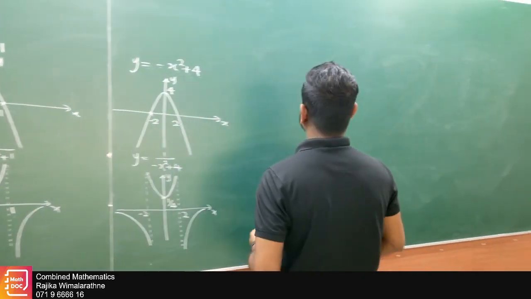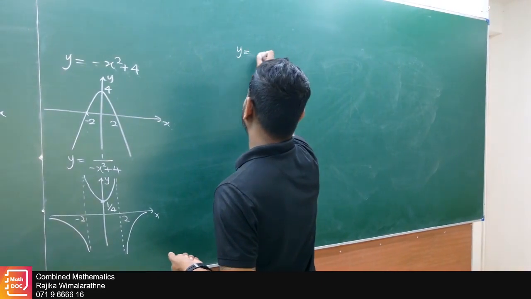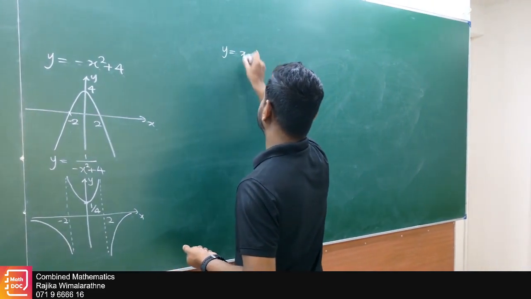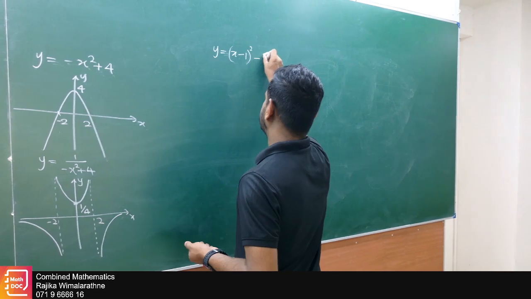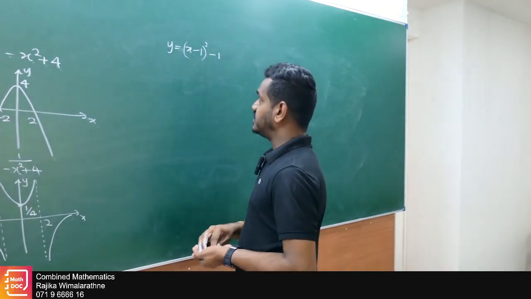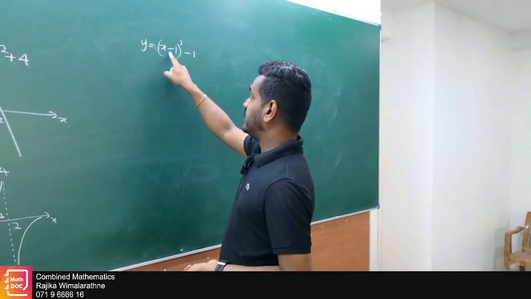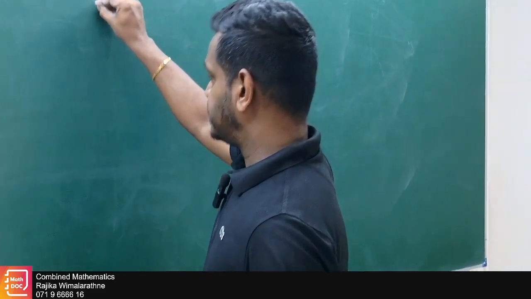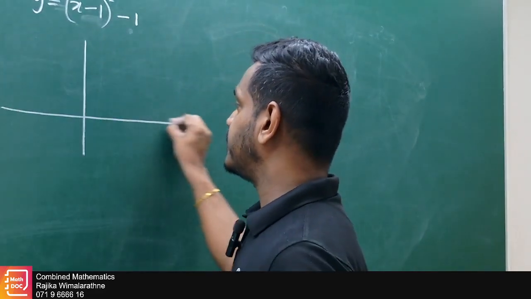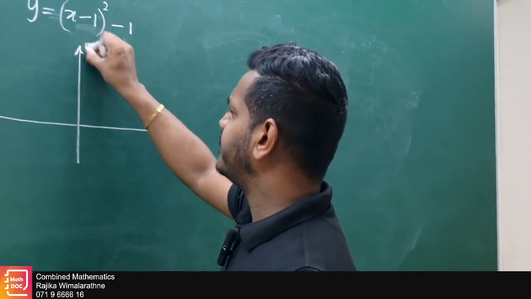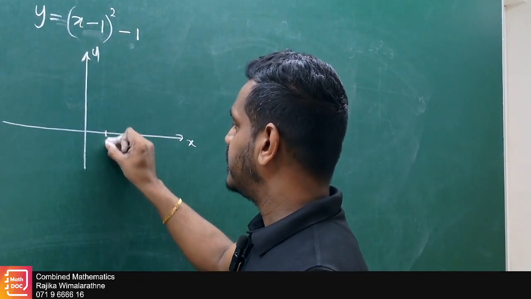Now we sketch this one, y equals x minus 1 squared minus 1. Let's see how to sketch this. Here 1 comma minus 1 is the minimum value. Let's sketch the original function. Here 1, minus 1.